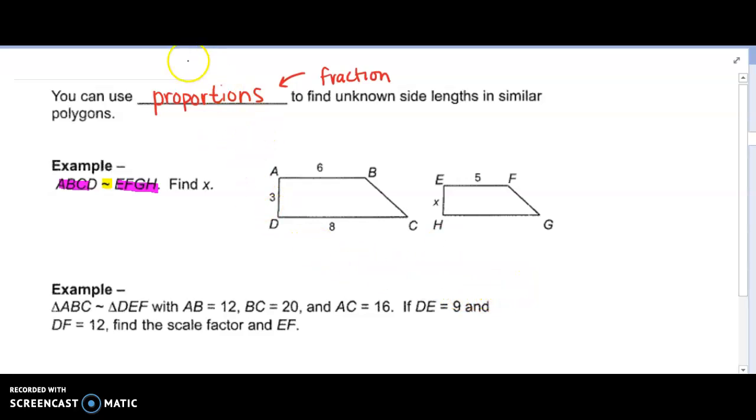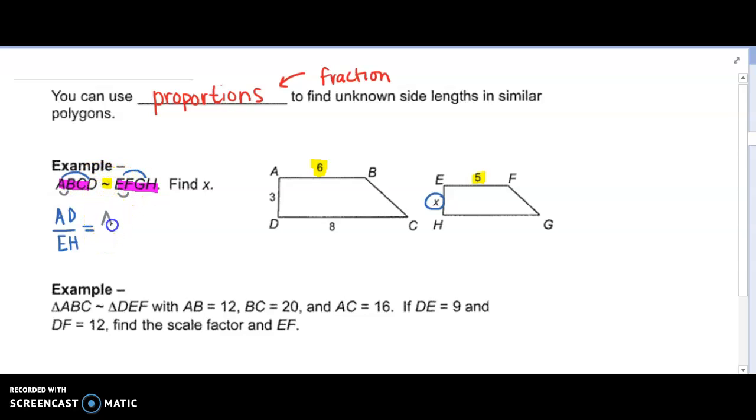So when I'm looking to solve for x here, I know EH, so first and last, corresponds to AD. So I can say AD over EH, and that's going to equal, and I can just pick what I want. But I notice here that AB, which is the first two, and EF, which is the first two, are corresponding, so I'm going to use that too.